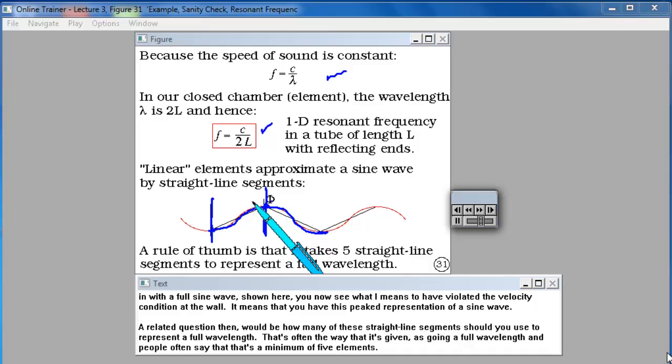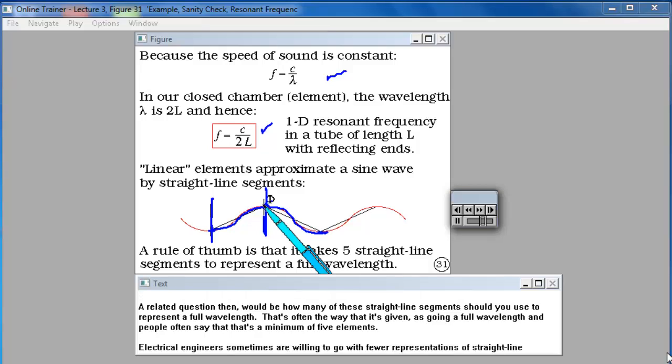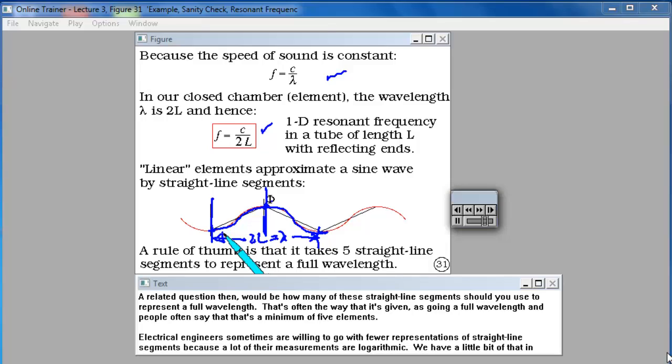A related question then would be, how many of these straight line segments should you use to represent a full wavelength? And that's often the way that it's given, going a full wavelength. And people often say that that's a minimum of 5 elements.